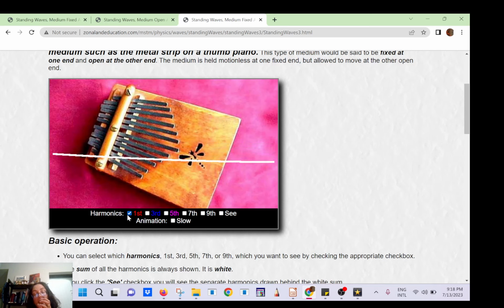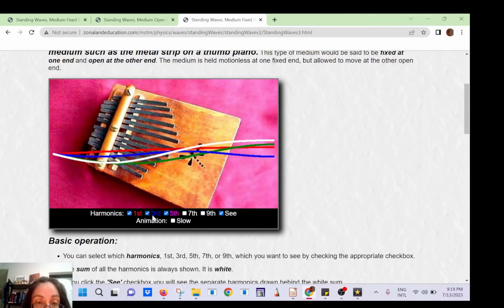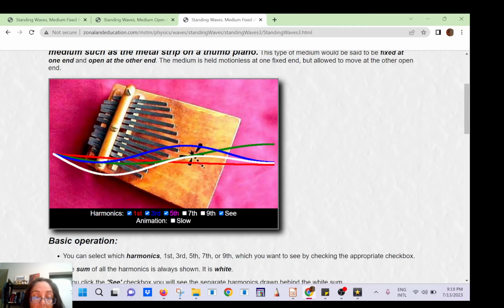If you have a clarinet, the mouthpiece is closed, and this part here is open, so it can move freely. That will be the second harmonic in green. Actually, I don't have a second harmonic.